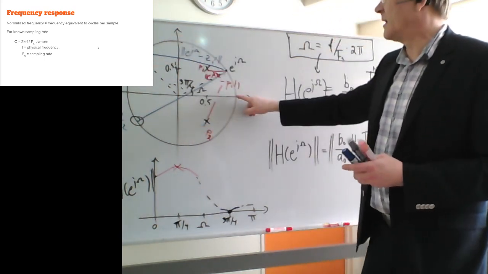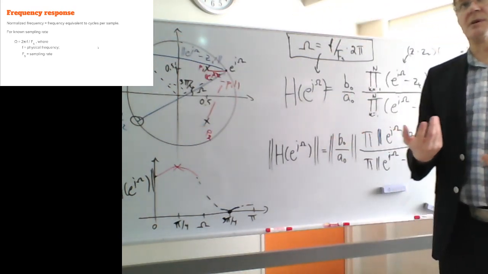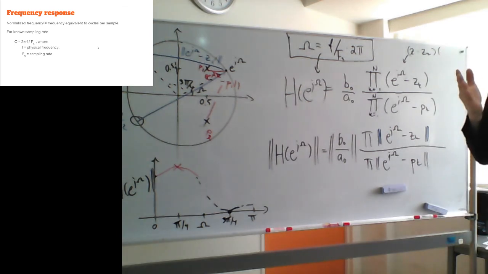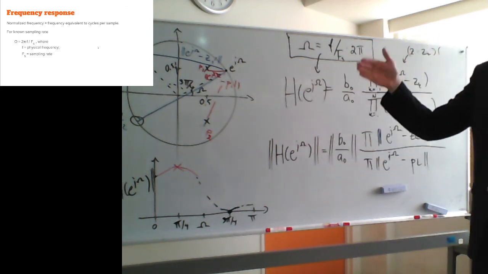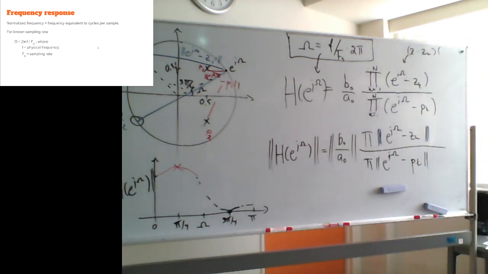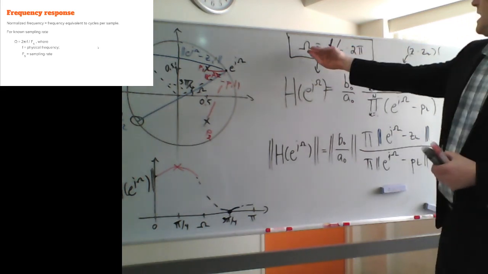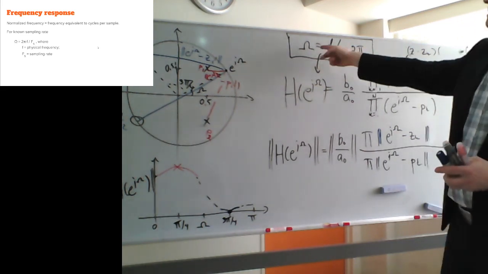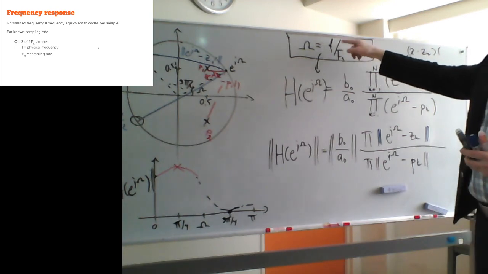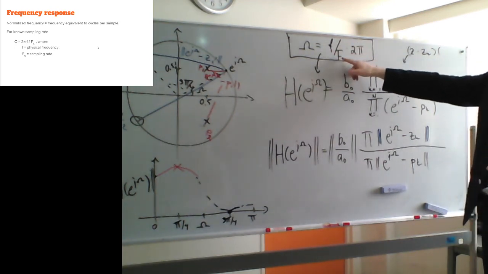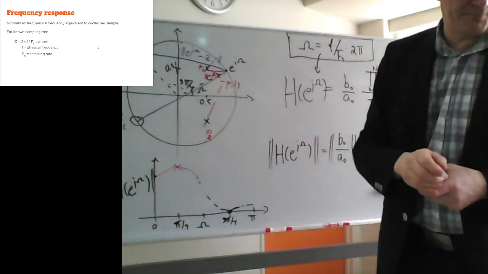It's 2 pi, and that's the same as how often this discrete-time sampled frequency space is repeating itself. So omega is the same as physical frequency divided by sampling rate times 2 pi.